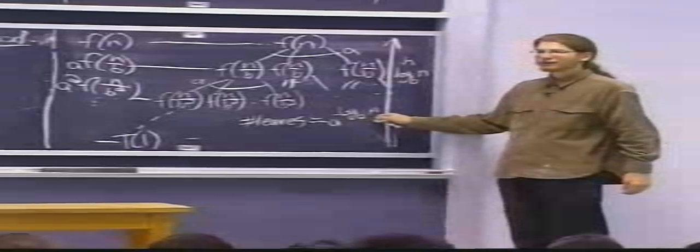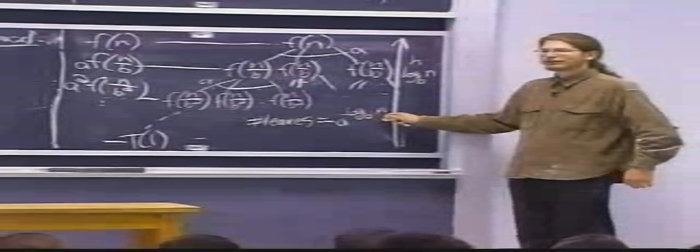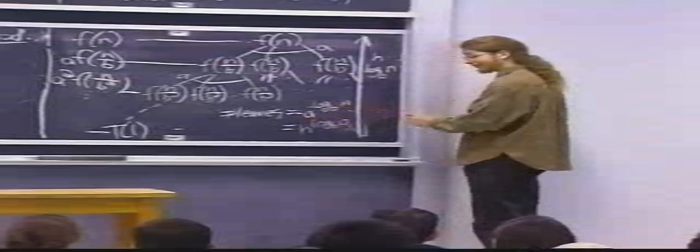Does anyone see how to write that in terms of something that we know and love by the end of this lecture? Something we've seen before. Right. This is also known as n to the log base b of a, which you will all remember once you know the master theorem. You take the n, you put it down the bottom. You take the a, you put it up top.